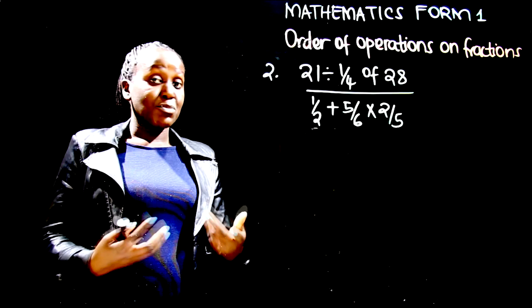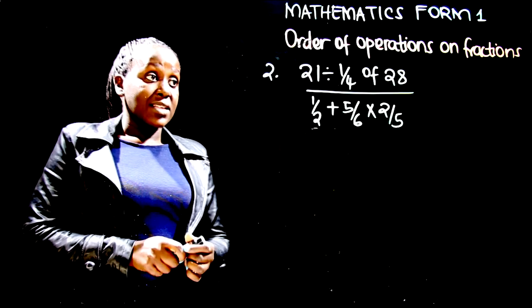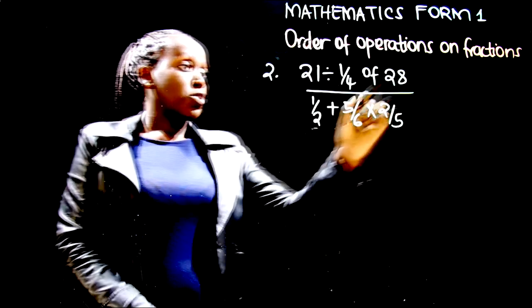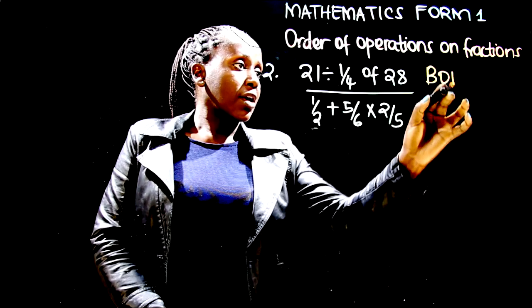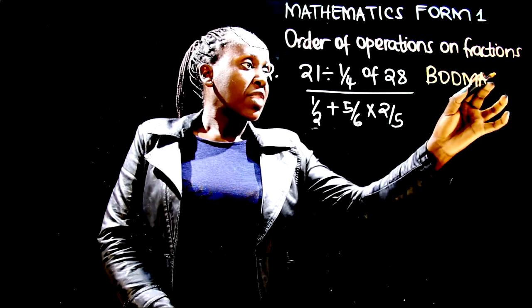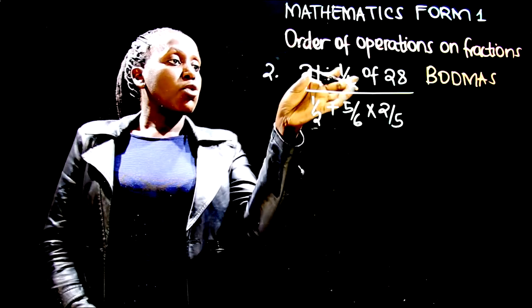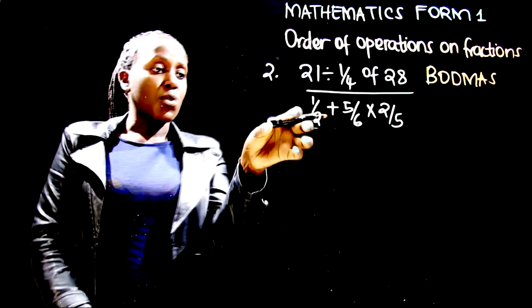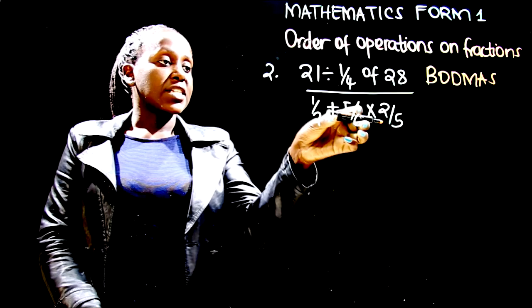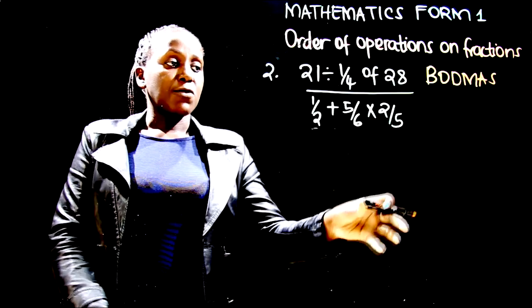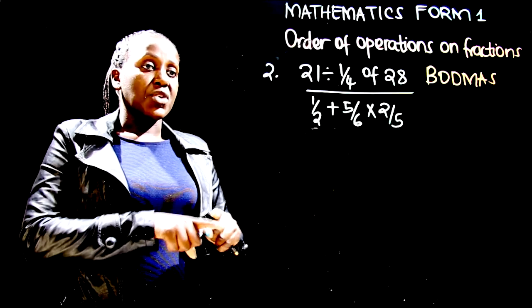So do we still use BODMAS in this case? Yes, we do. We use BODMAS, but we don't mix it up. We take the numerator and work it out first, then take the denominator and work it out, then combine the two in the end.